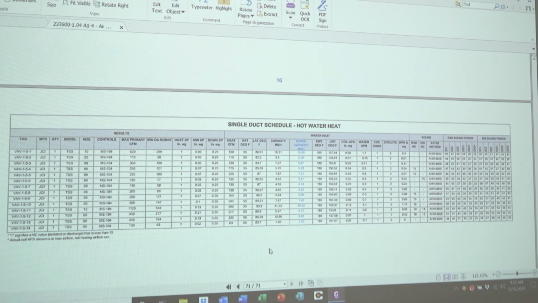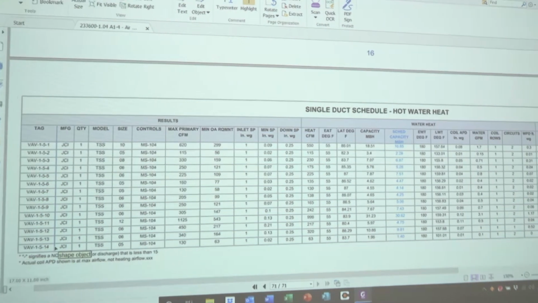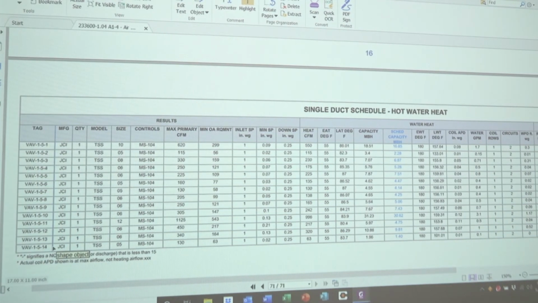Each one of these VAVs is incorporated into a schedule. Okay, I'm looking at VAV 1-5. Again, this is air handling unit number 1. That's why it's VAV 1-5, meaning that they're on the 5th floor. And then 1 through 14 signifies their unique number.